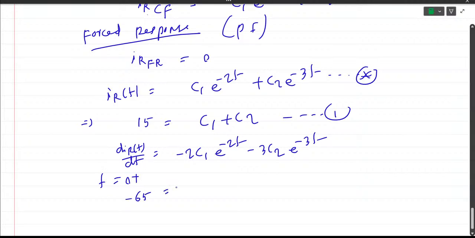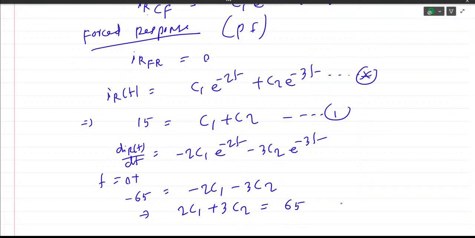Minus 65 is equal to minus 2c1 minus 3c2, which gives you 2c1 plus 3c2 equal to 65, equation 2.